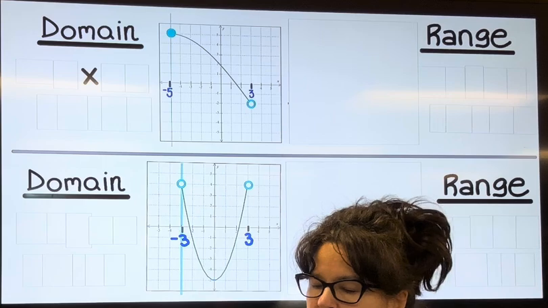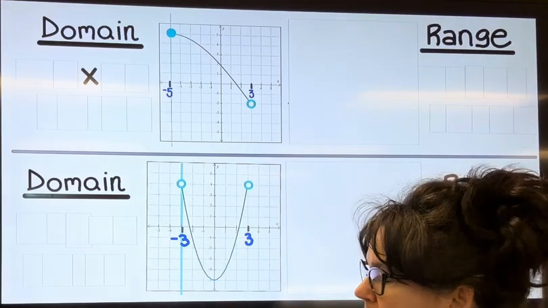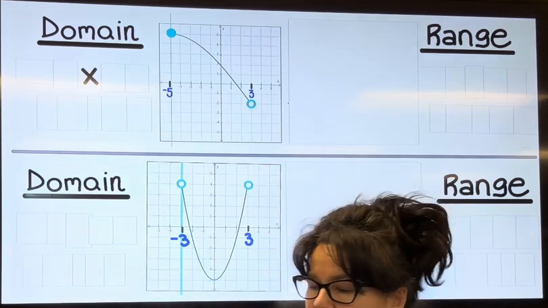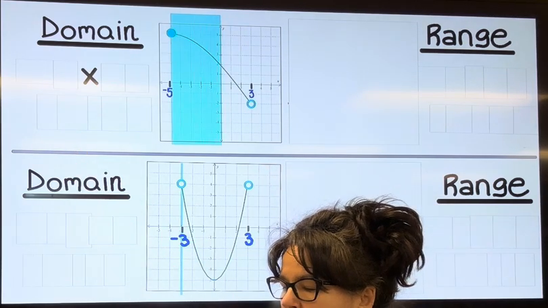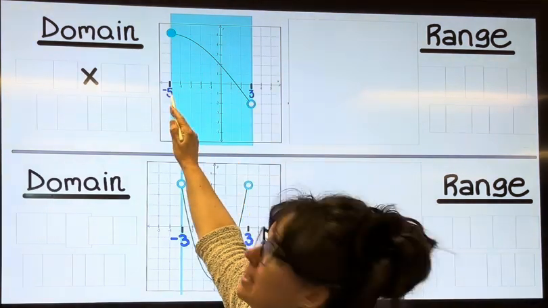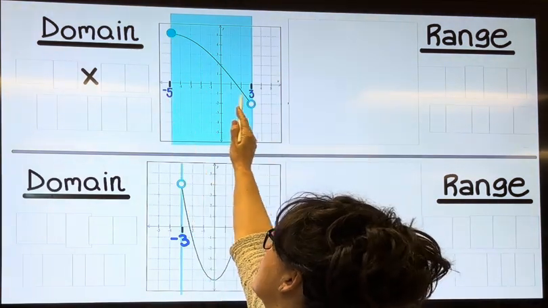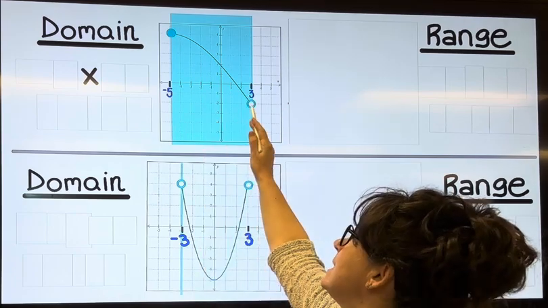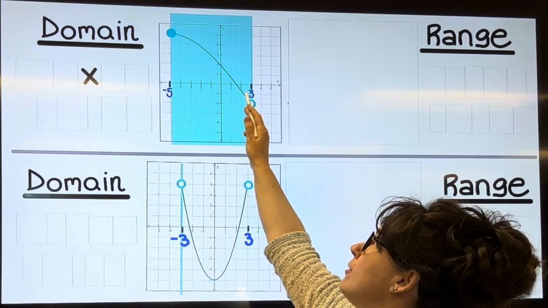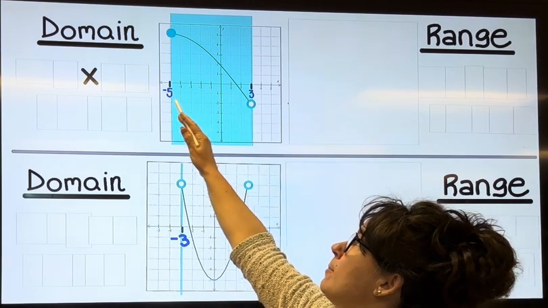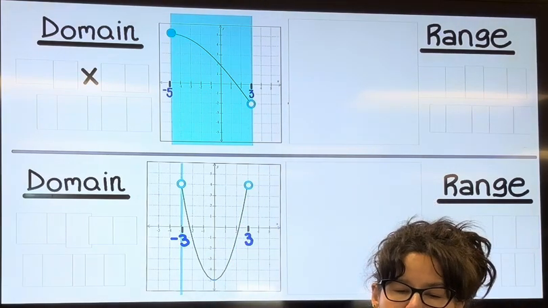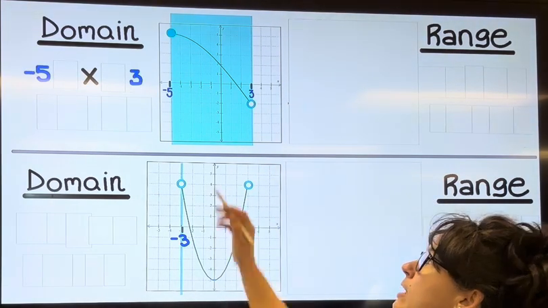So my x's, if I look at this graph, you're really thinking how far left and how far right does this graph go? See how the furthest we can go left on the graph is -5, and the furthest we can go right is not quite to 3 because there's a hole. We're on the graph at 2.999, so from -5 to 3, my x is sandwiched between these two numbers.